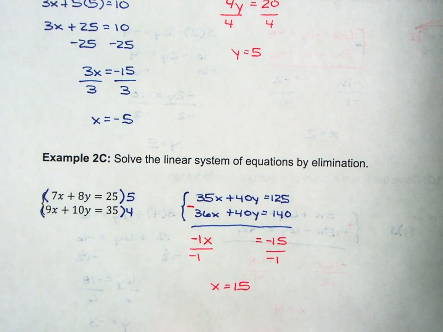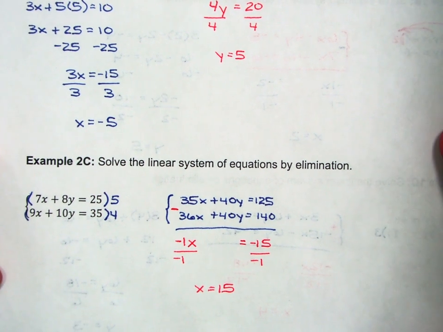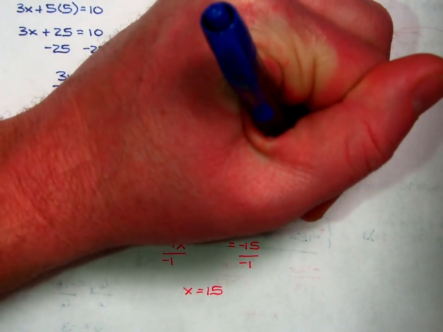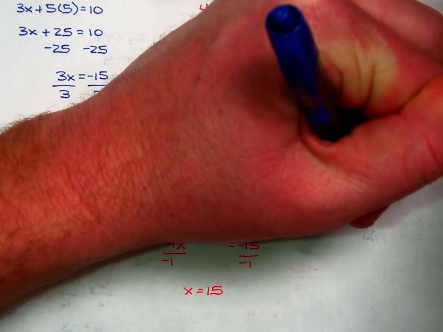Okay, now I usually like to go back to one of my first two equations simply because the numbers are smaller. It's going to make the computational work a little bit easier. Let's go back into the very first equation here. So I'd have 7 times 15 plus 8y is equal to 25.